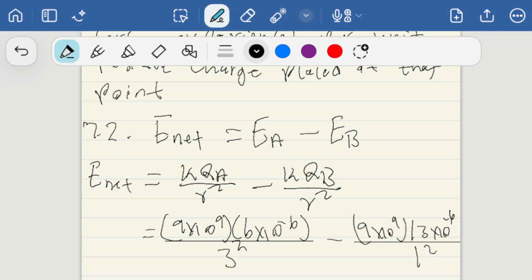Please verify. Then, because it's E net, it will be newtons per coulomb. If you can check, I took A as positive and A is to the right.